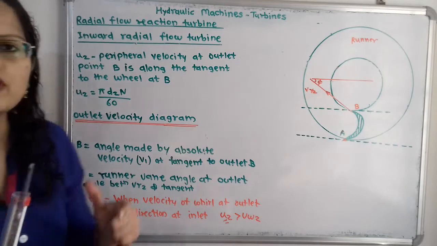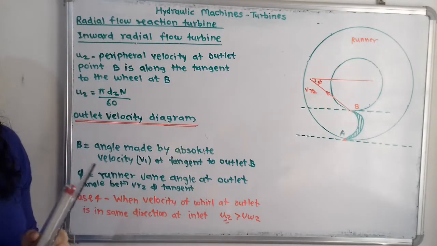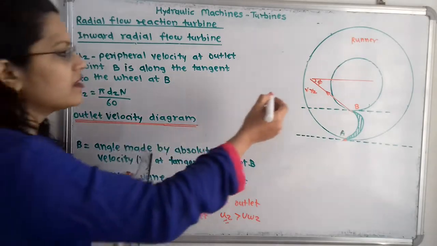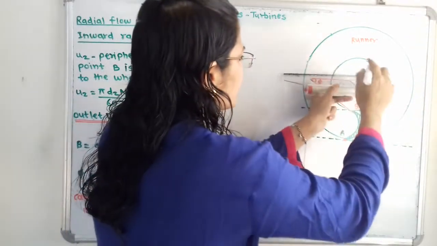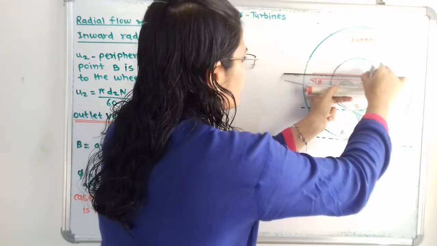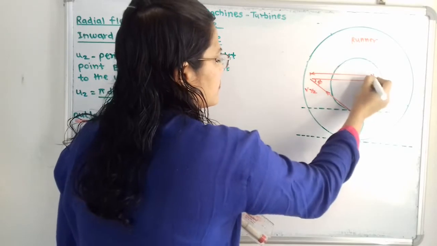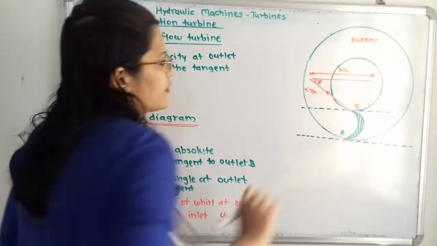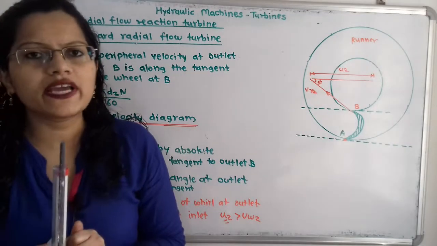Then I have to show here U2 is greater than VW2. So first I will show here one whole length, and I will say this is U2. And now I will take here the angle beta. How to take the angle beta?